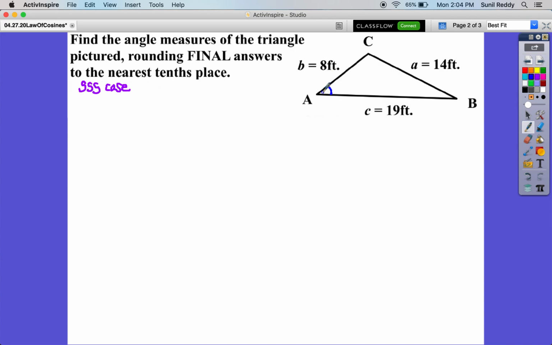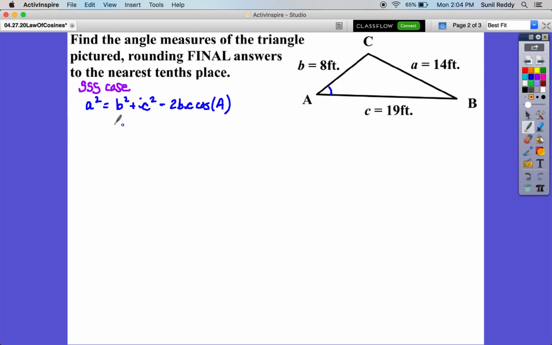To find A, if I'm looking for angle A, I'm going to start with the equation that involves little a and ends with angle A. So I have little a squared should equal the other two side lengths squared and added, minus 2 times those other two side lengths times the cosine of that angle A. You'll notice for little c, the side length, I made it like a scripted or cursive c, just so that it's different from the little c in the cosine abbreviation.